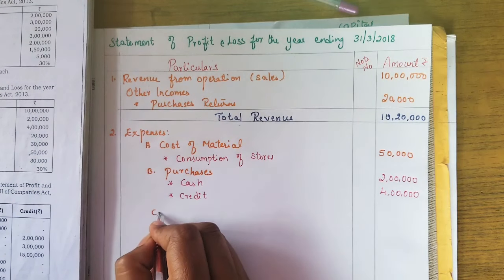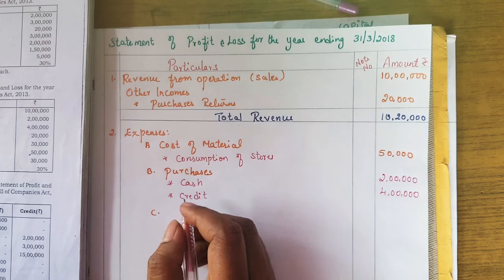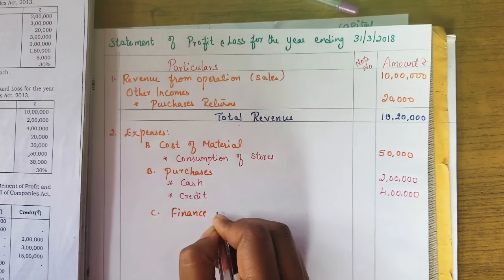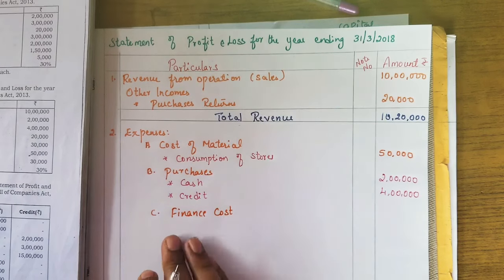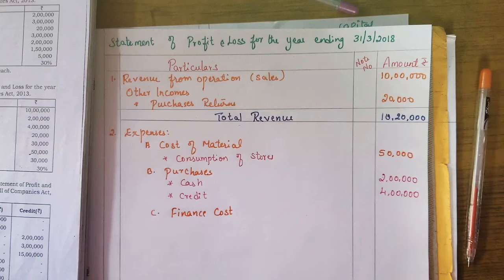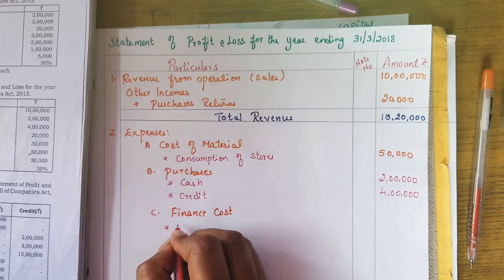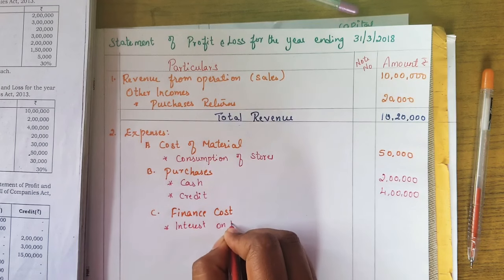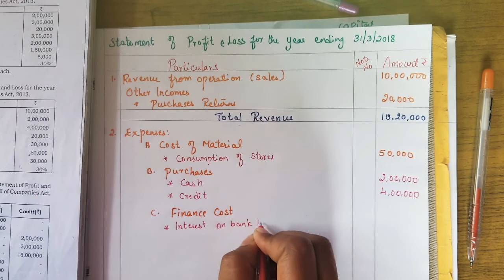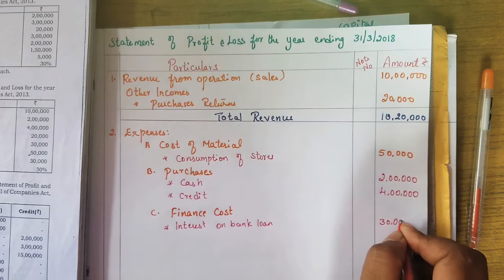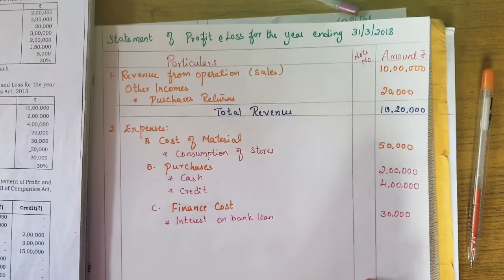Then we have finance cost. According to the format we are going. Okay. You can see the format. Under finance cost, any interest we should see. So there is interest on bank loan, amounting rupees 30,000. Okay. Yes, that has been done.